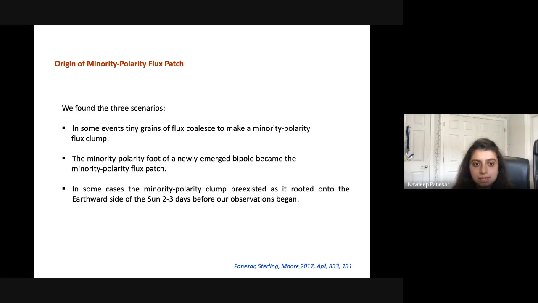In some cases, we find that there is an emergence of a bipole, and one foot of the newly emerged bipole cancels with the neighboring pre-existing flux, which results in the coronal jet. I mean, cancellation leads to the coronal jet. This is that example I have already shown you. In some cases, the monopolar flux pre-existed as it rotated onto the outside of the sun, and we were unable to track. That is in the 2 cases.